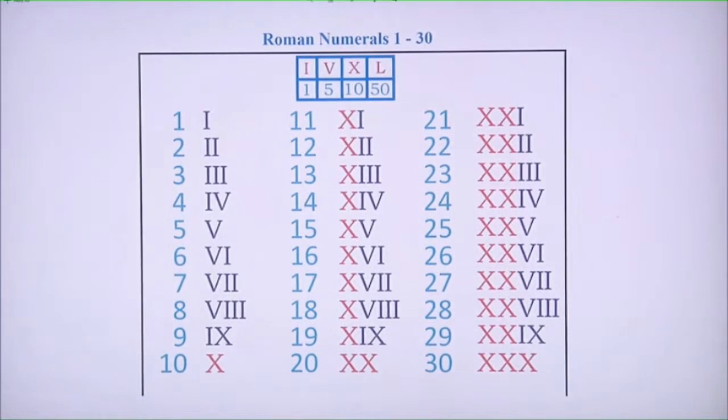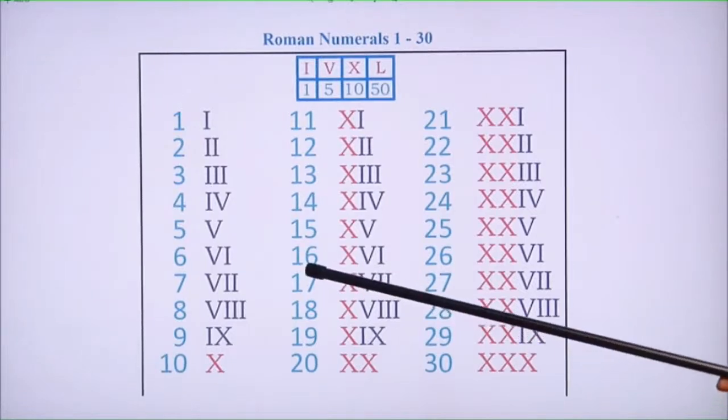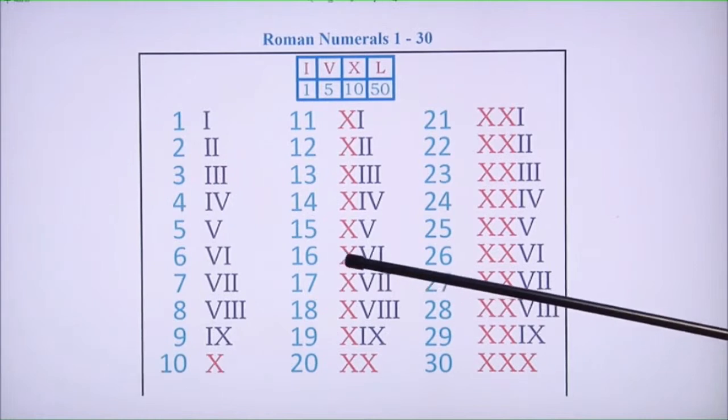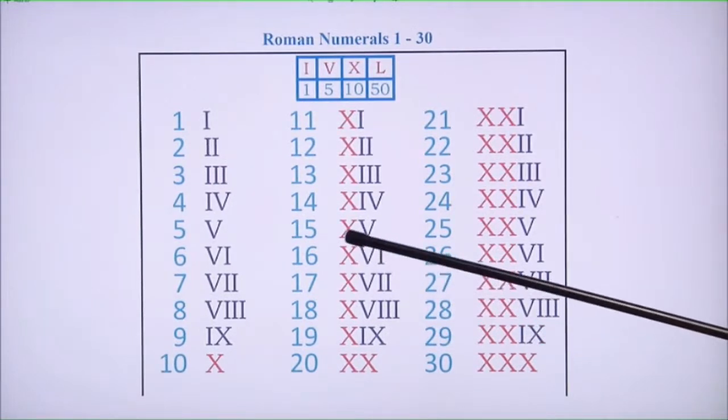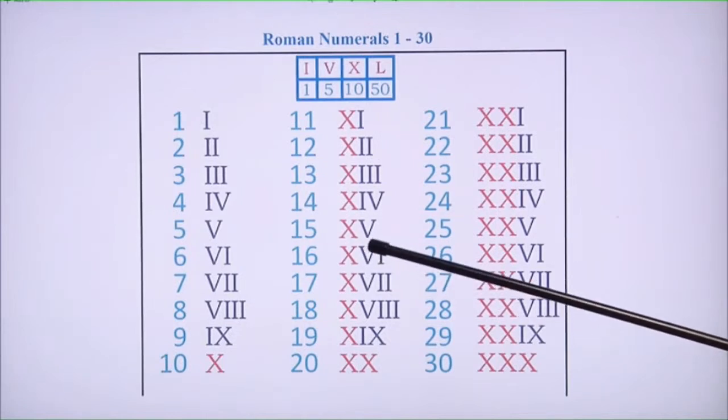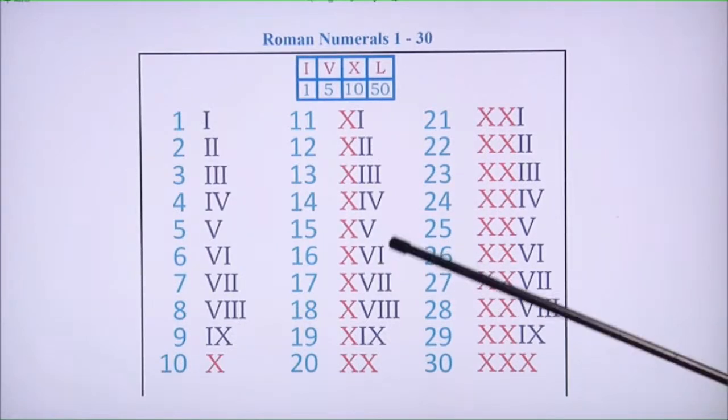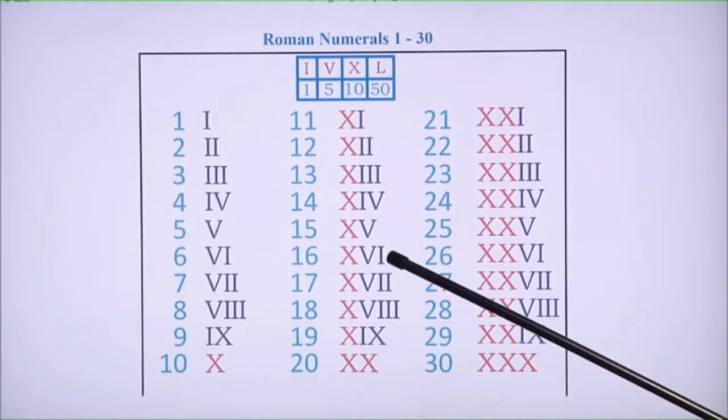My learners, I hope you are following. That's good. Now 16 is XVI. We know X to be 10, and VI. Now a smaller value at the right of a bigger value, we add.